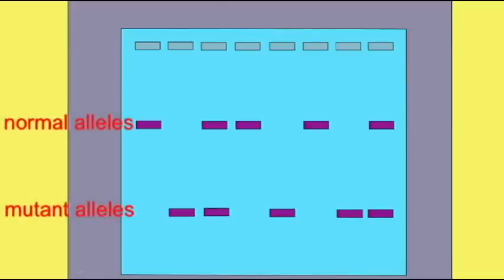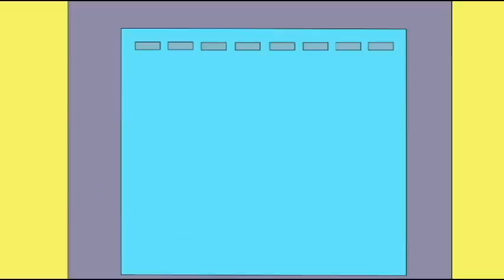So some alleles which are normal might travel differently through the gel compared to those which are mutant. So in this example, the mutant alleles are smaller and they run farther along the gel than the normal alleles. One can also identify carriers.